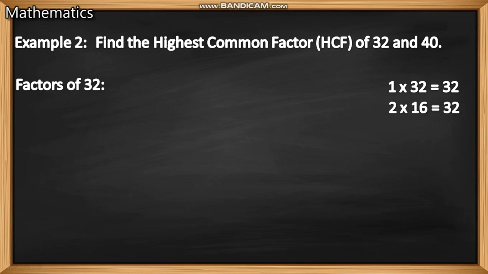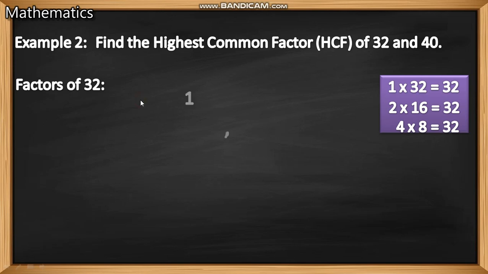Then 4 into 8 is equal to 32. Then 5, no, 6, no, 7, no. So this much only. Then the factors of 32 are 1, 2, 4, 8, 16 and 32.